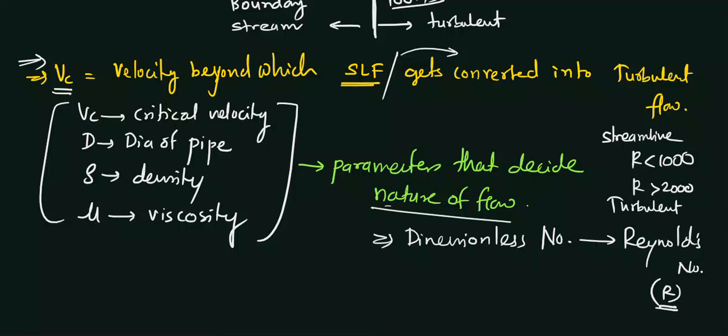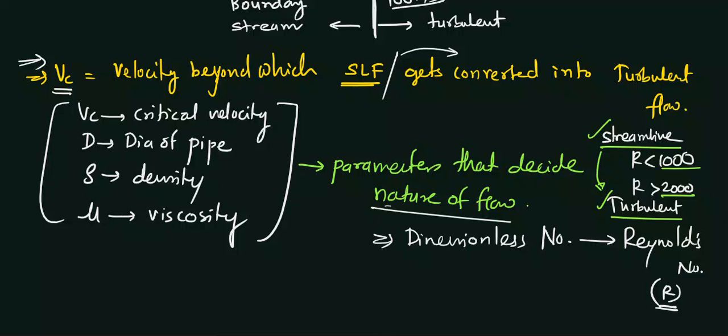This is whatever is given in the book, I'm telling you accordingly, because in mechanical engineering the values are slightly different, like 2300. So here, as per the book, if it is less than 1000, the flow will be streamlined. If it is greater than 2000, the flow will be turbulent. If it is somewhere in between, it is making a transition from streamlined to turbulent.